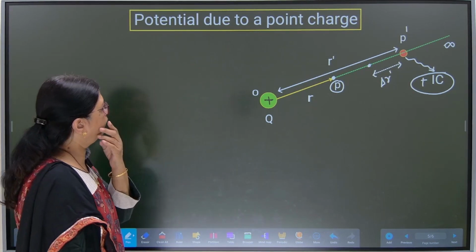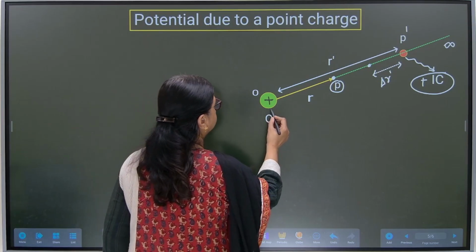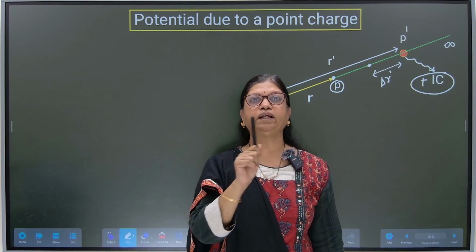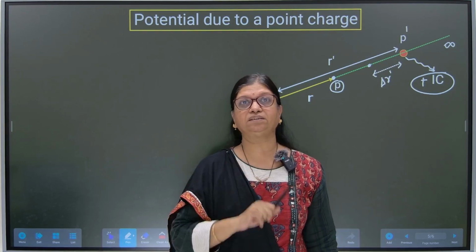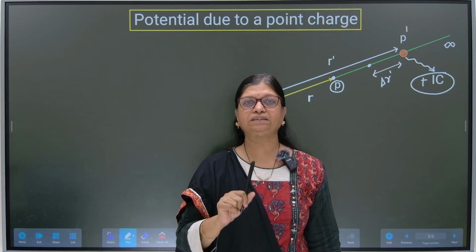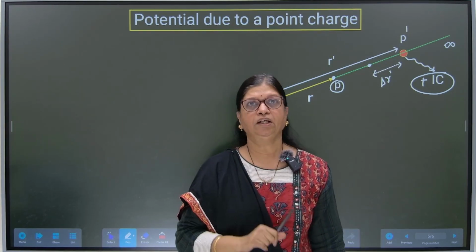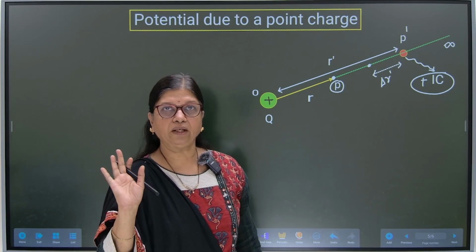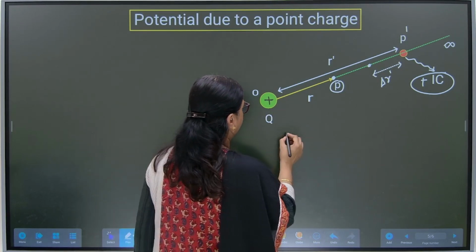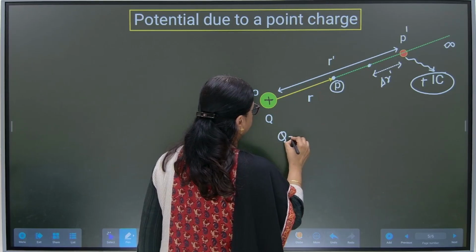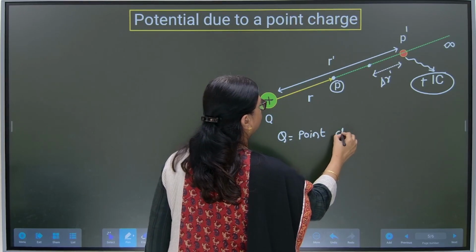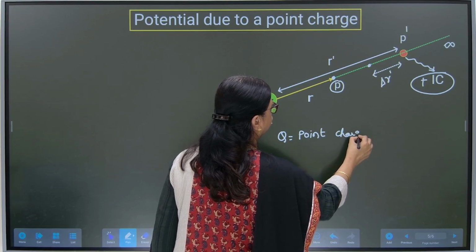Okay. Now, where is our point charge plus Q? So, it is very important for you to draw the diagram by yourself. You must understand the diagram and you must understand every variable in the diagram. So, let us go one by one how you should draw it. Correct? Okay. Now, here we have Q, a point charge whose potential we want to find out.